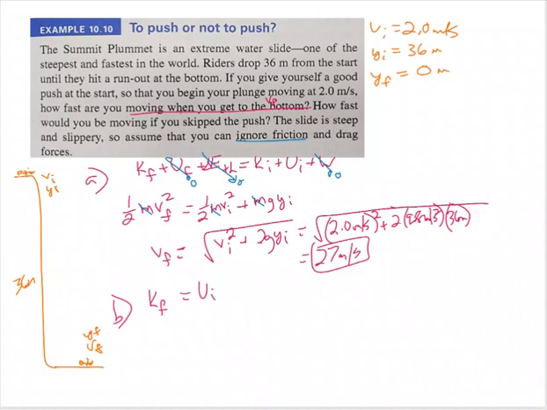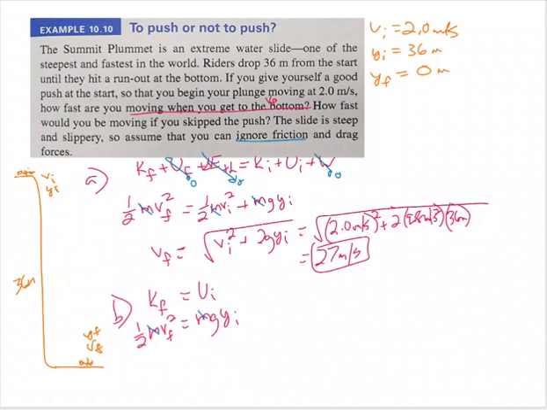Okay, so now we can convert everything to 1/2 m v final squared equals U initial, which is m g y initial. And once again, the masses can be divided out. Once again, I can multiply by 2 and then square root.